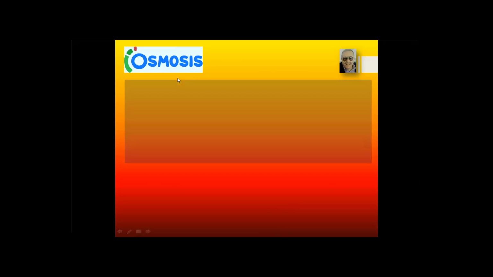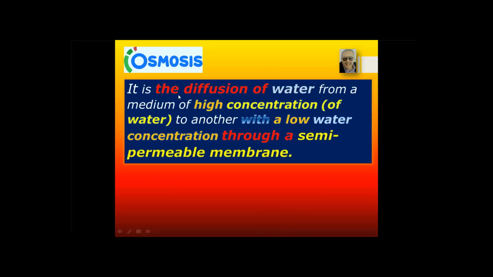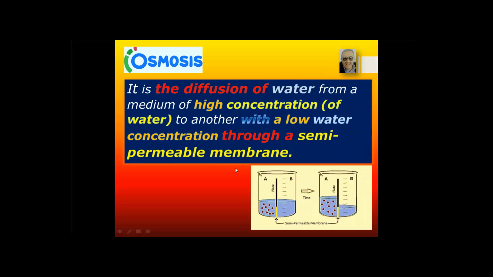Number 2, phenomenon of osmosis. Osmosis is the diffusion of water from a medium of high concentration of water to another with a low water concentration through semi-permeable membranes. As we see in the beaker, at the left side, there is a higher concentration of water in B section than A section.